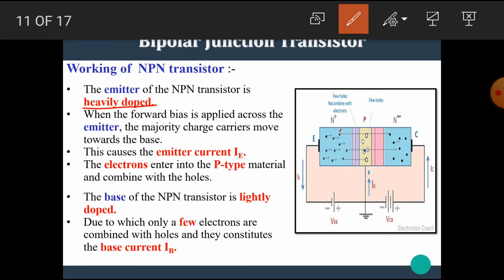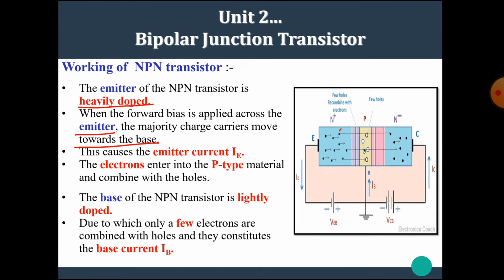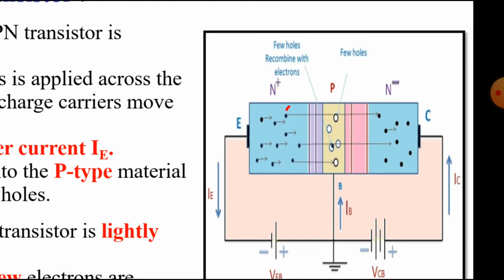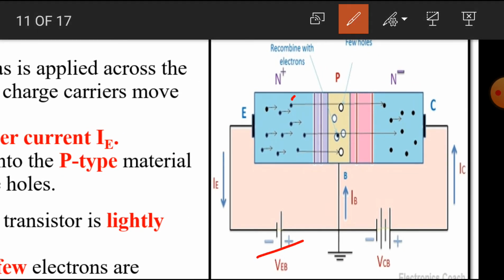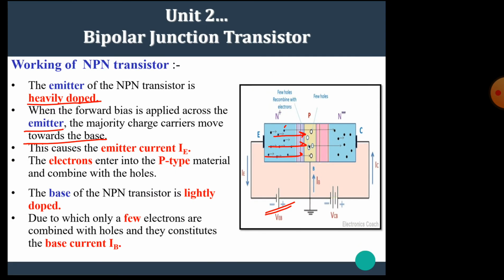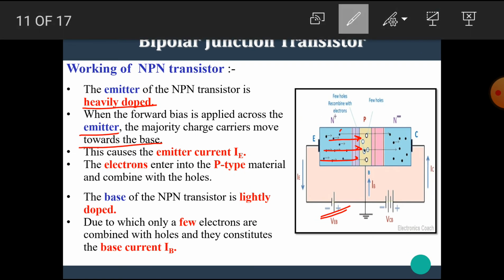When the forward bias is applied across the emitter, the majority charge carriers move towards the base. That means when we apply a forward bias across the junction, that means when we apply VEB, then these electrons travel towards the base. Okay, then the electrons enter into the p type material and combine with the holes.